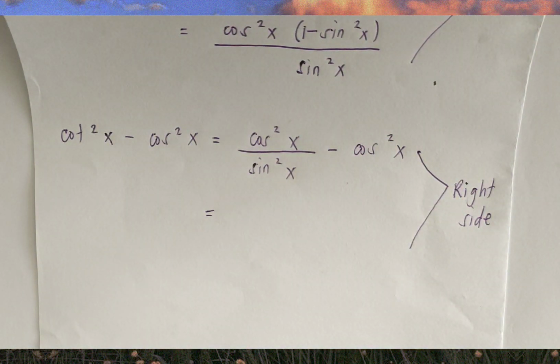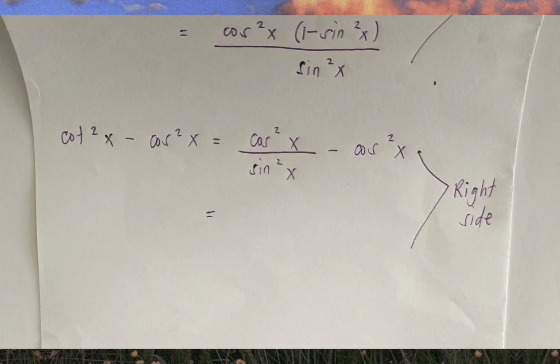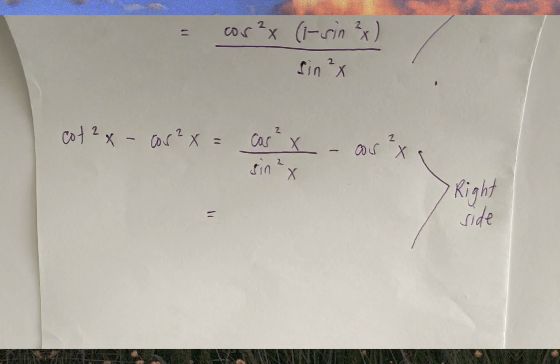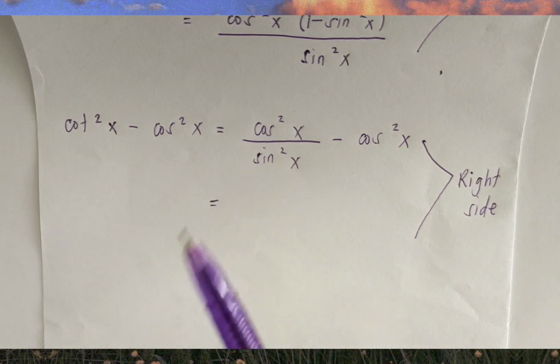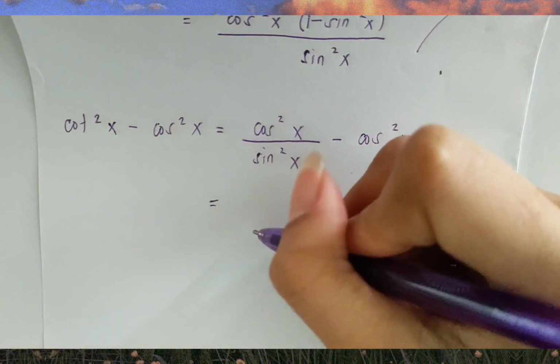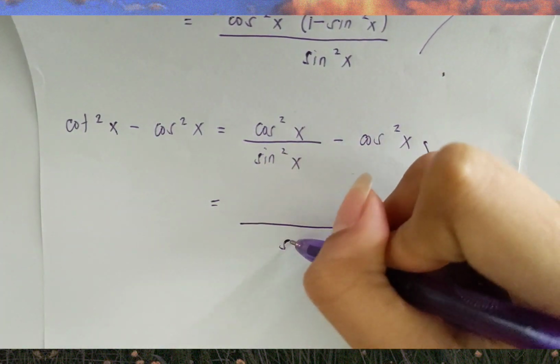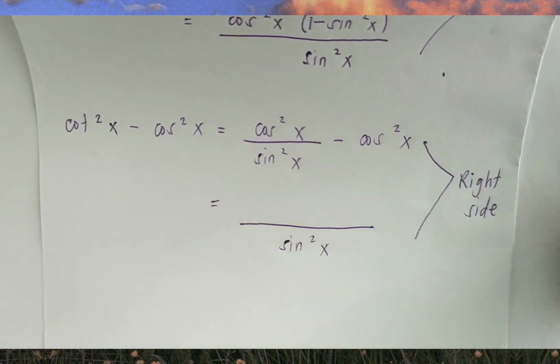Okay, again, we need to transform each side so that we'll end up with the same expression later on. Going back with our right side, let us get the LCD. So we have here sine squared x.